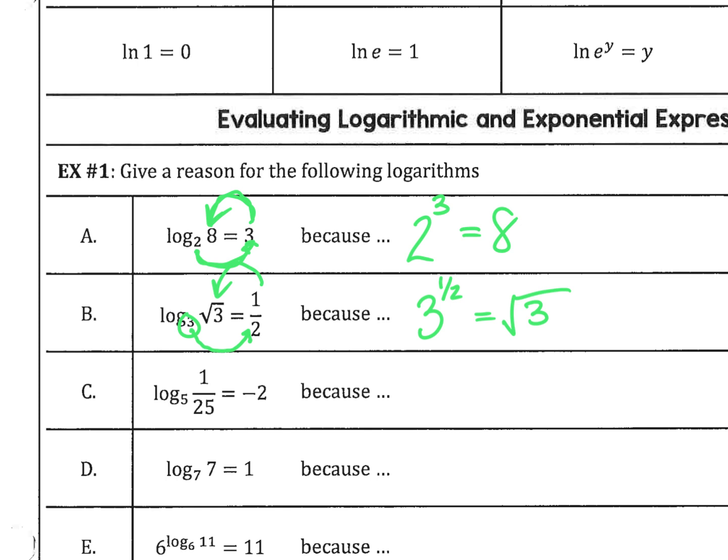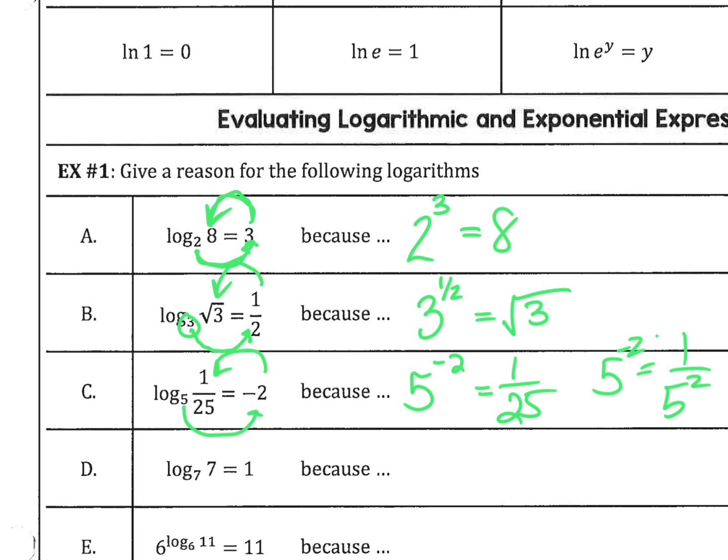Rewrite C. What's the base in C? 5. 5 to what power? The negative 2 equals what? 1 over 25, doesn't it? And it does, because isn't 5 to the negative 2 the same as 1 over 5 to the second power? And 5 to the second power is 25.